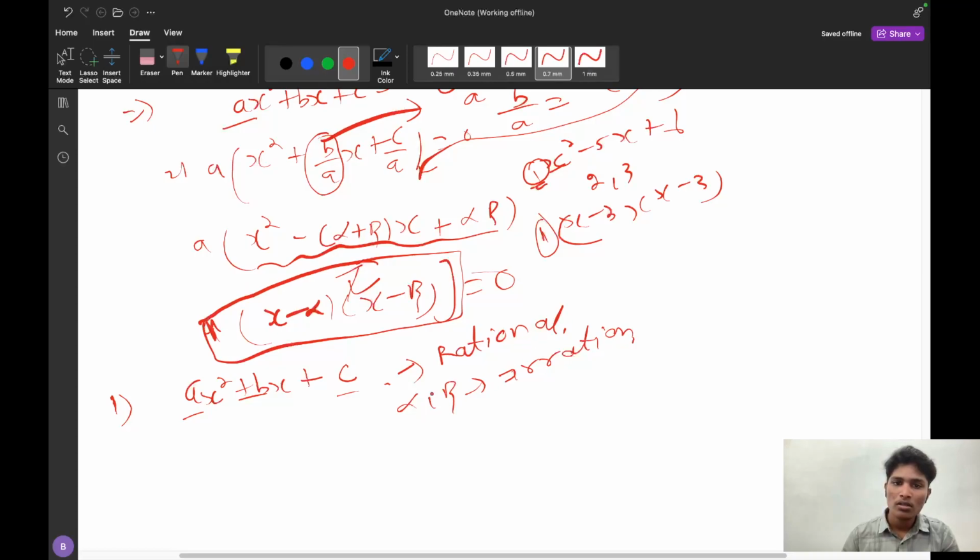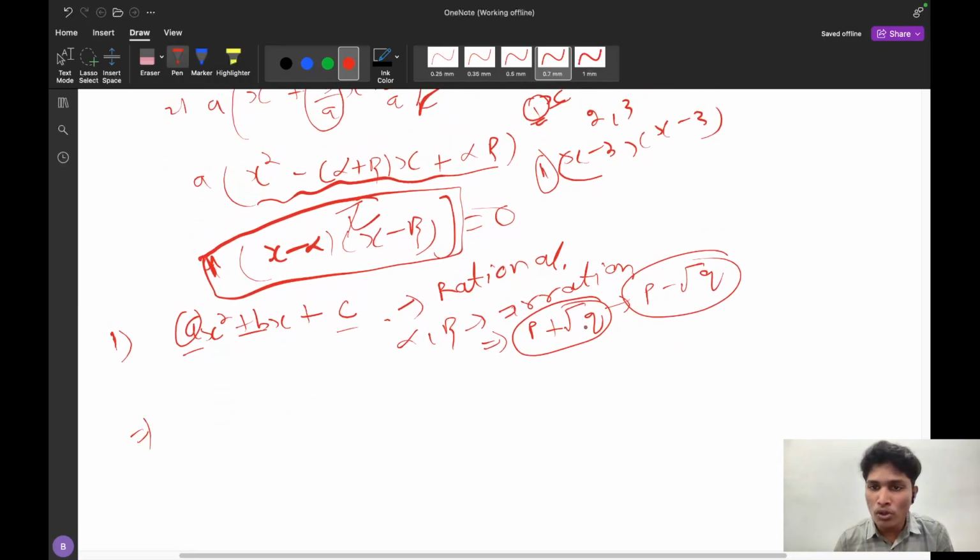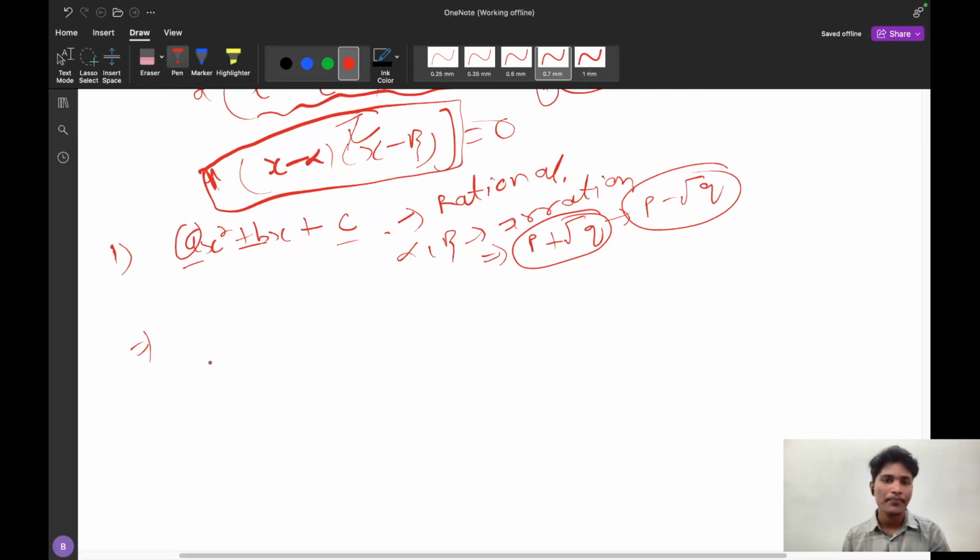How? If the coefficients a, b, c are rational, I can find the roots, but the roots form a conjugate pair, an irrational pair: p plus root q is one root, and p minus root q is the other root. So if p plus root q is given, you can easily write the other root, p minus root q. Like this you have to find.